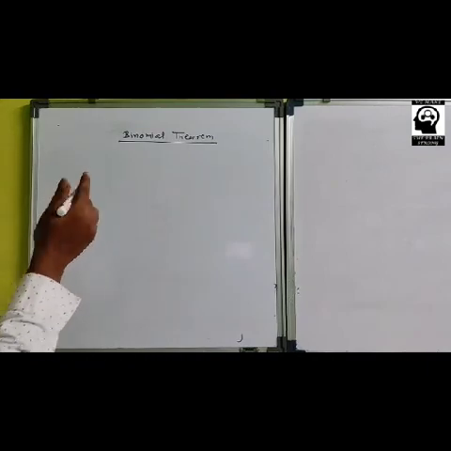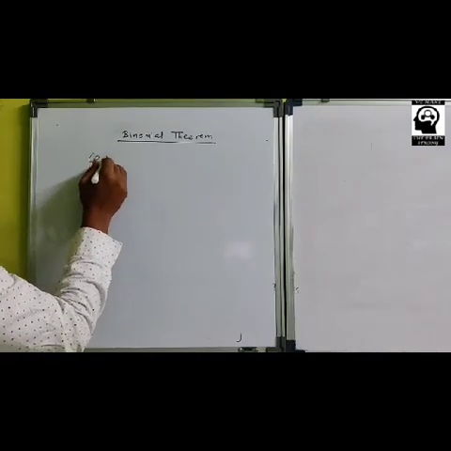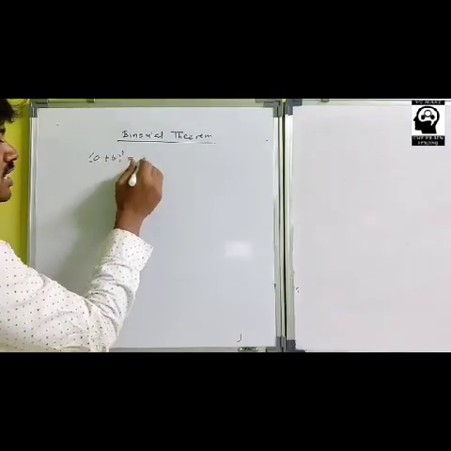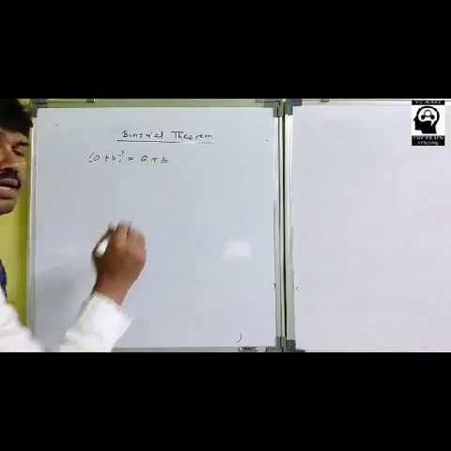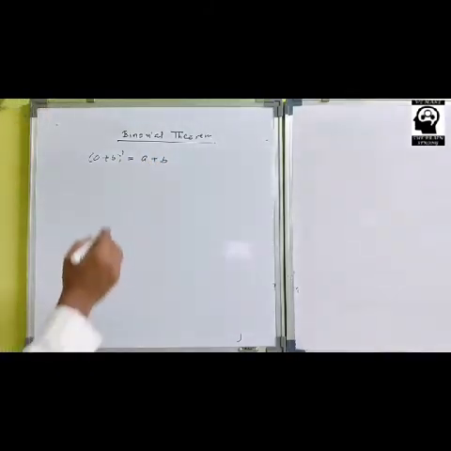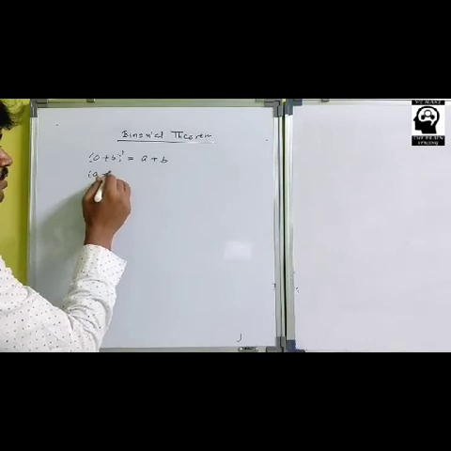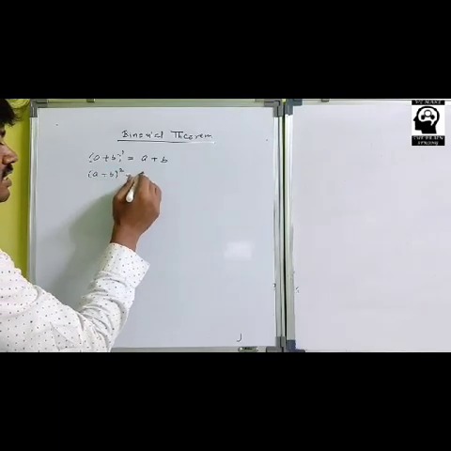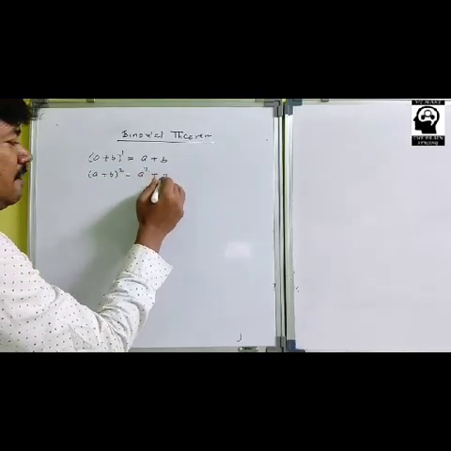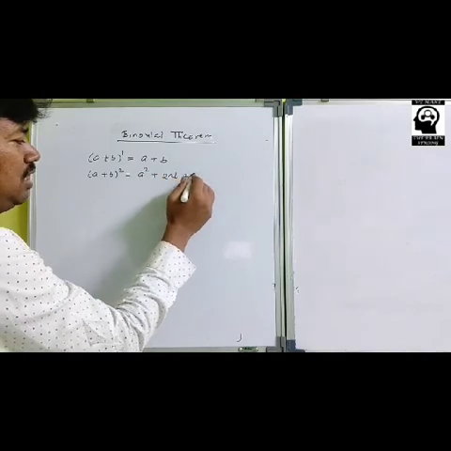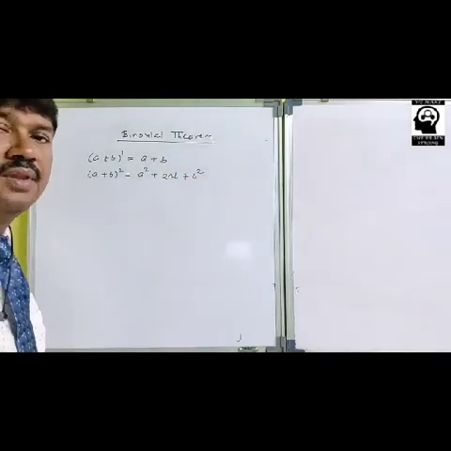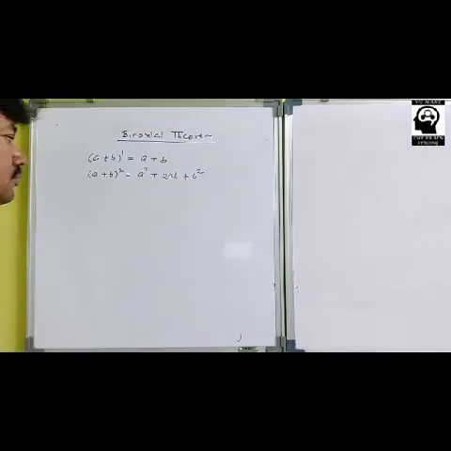There are expressions which you know, a plus b raised to 1. So what is that? a plus b. a plus b the whole square. What is that? It is a square plus 2ab plus b square.